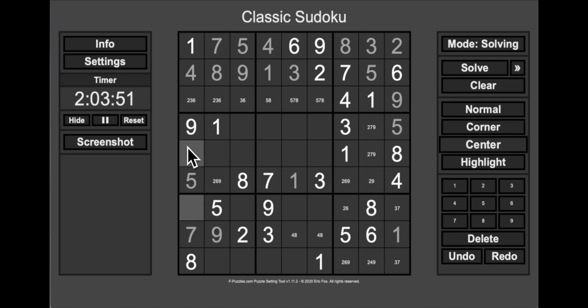In column 1, I have 1, 4, 5, 7, 8, 9 placed. I need 2, 3, 6 now. This one isn't 2. This one can be anything still. Let's see. This given 6 tells me that's a 2. Which, if that unwinds, that's 9. That's 4.